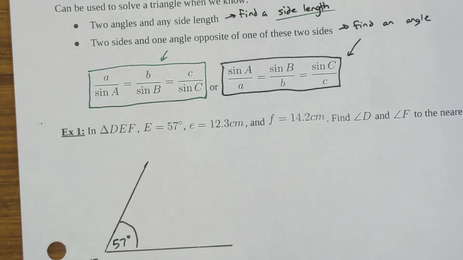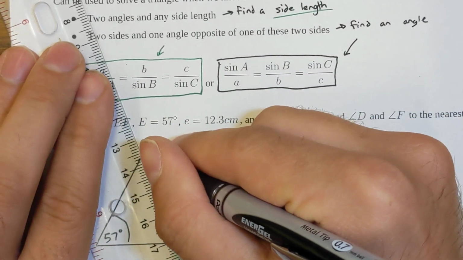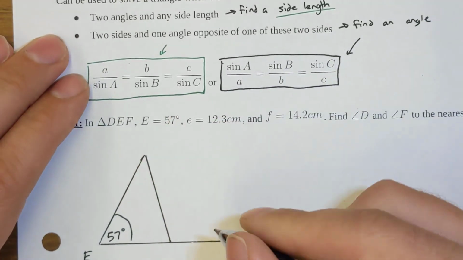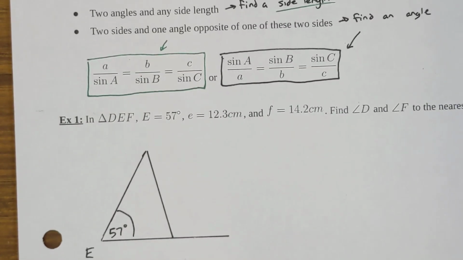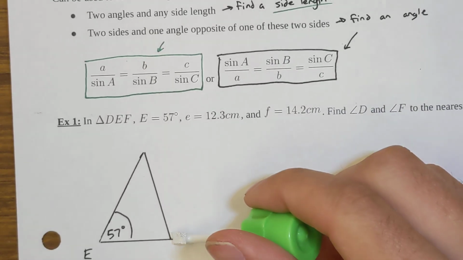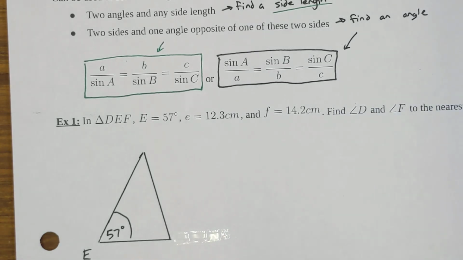The side across from that is 12.3. I made this line too long. Put some white out on there. And our other side's 14.2.